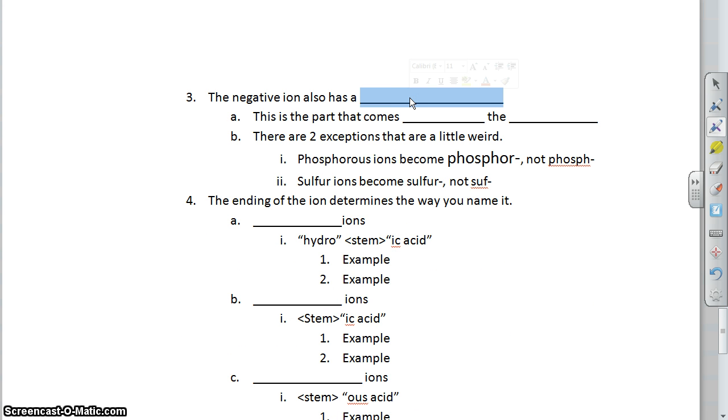The other thing we're going to have to know when we go through naming is that the negative ion also has what we call a stem, or a root. This is the part that comes before the ending. So if you have phosphide or hypochlorite, whatever comes before those last three letters, we call that the stem. There are two little exceptions that you need to be aware of, only two that I can think of.